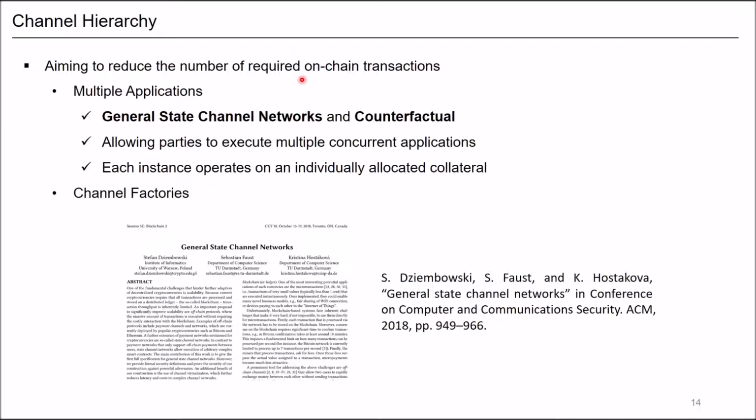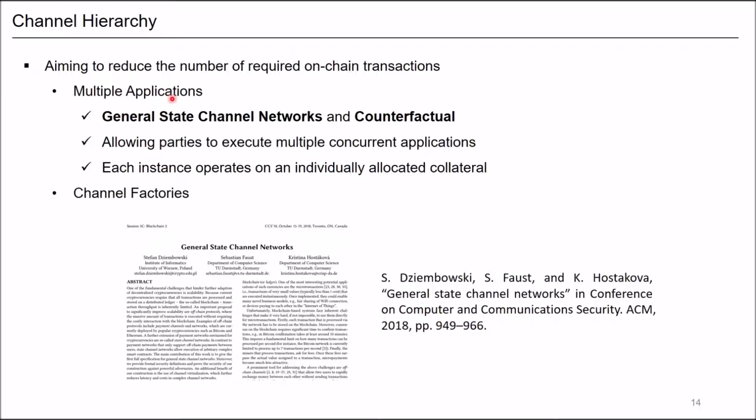Aiming to reduce the number of required on-chain transactions, the approaches introduced here increase the flexibility of channels with regard to application and participant. General state channel networks and Counterfactual explore the possibility of installing and uninstalling applications off-chain without on-chain fees. This allows parties to execute multiple concurrent applications.